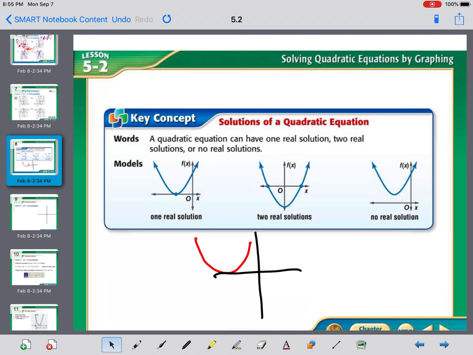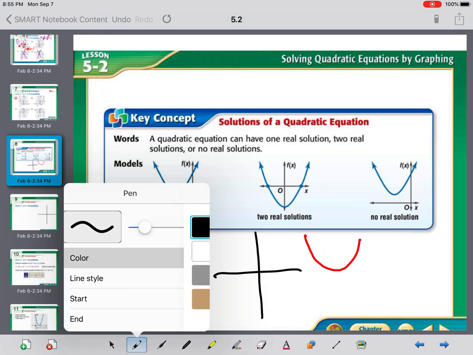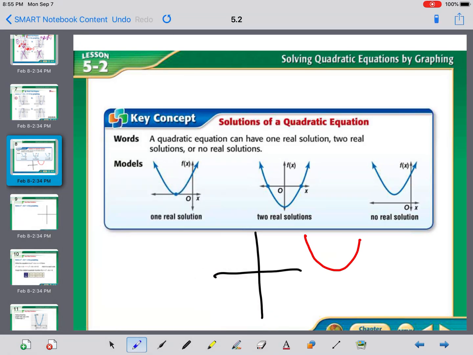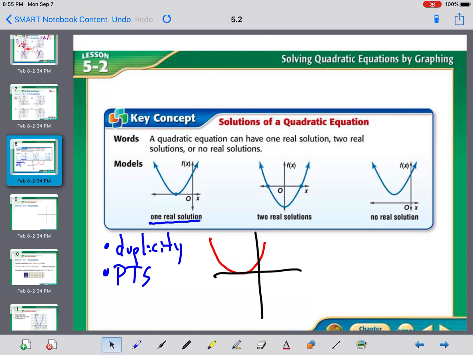Then you have this other case where the vertex is actually on the x-axis, and that's this one here. And there's only one real solution. Let me make a couple of notes for you about that. There's one real solution, but really it's a solution of duplicity. In other words, it's a duplicate.